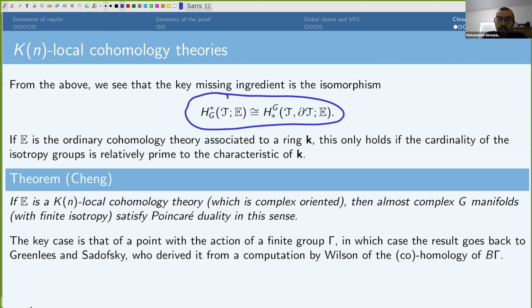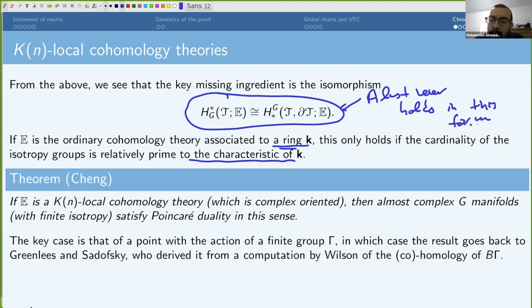And as I write, if you want to have an isomorphism with, like, F_p cohomology, for example, this only works if the cardinality of the isotropy groups is relatively prime to the characteristic. So again, this almost never holds in this form.